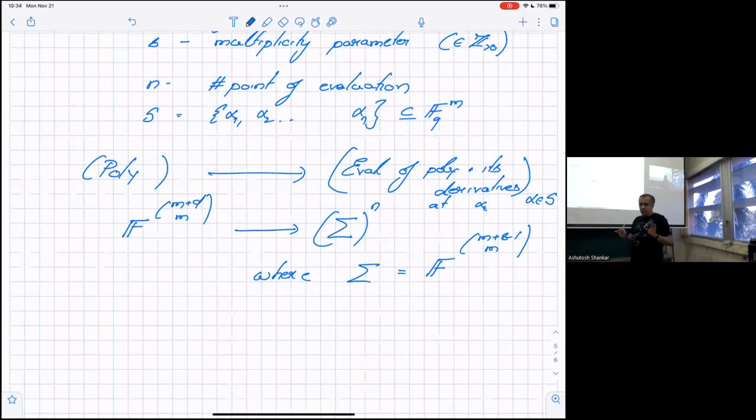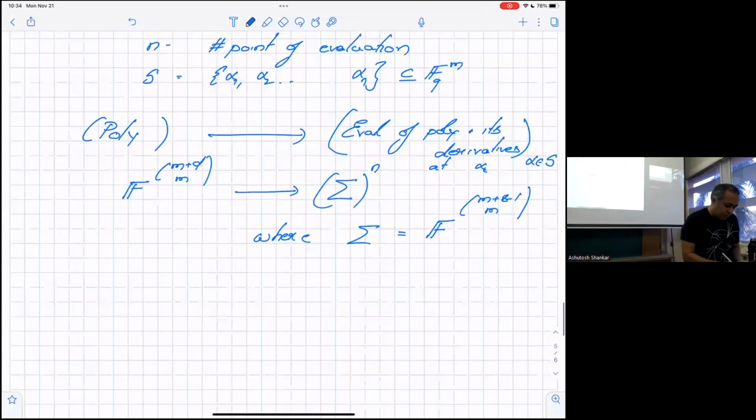Notice this is a case in which the alphabet of the input and the alphabet of the output are not exactly the same. We use the field for the input string, and the output alphabet is different. You think of this as one single symbol. You're not going to think of the alphabet as F and giving it n times; that would just be the evaluation of all these polynomials without correlating them. Instead, I club together the polynomial and all its derivatives and give it as one single giant symbol at this location.